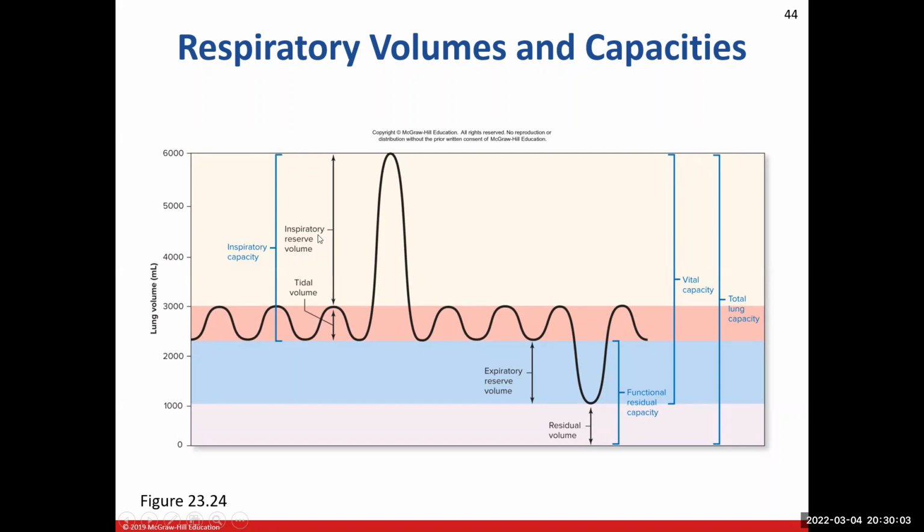That is going to be your inspiratory reserve volume. That is beyond the tidal volume. So we take a deep breath in and we'll measure that. So here our patient is taking a deep breath in, and beyond the tidal volume, that's the inspiratory reserve volume.